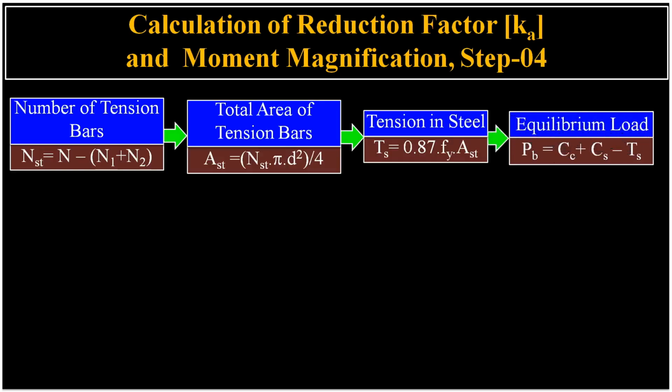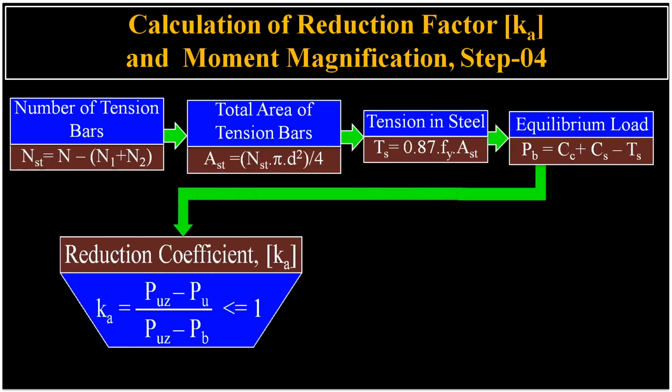Equilibrium load. Now we know the value of Cc, or compression in concrete, and the value of Cs, or compression in compression steel. And we just calculated the value of Ts, or total tension on the tension bars. The equilibrium load, Pb, is the algebraic sum of these three loads, and finally, Pb equals Cc plus Cs minus Ts.